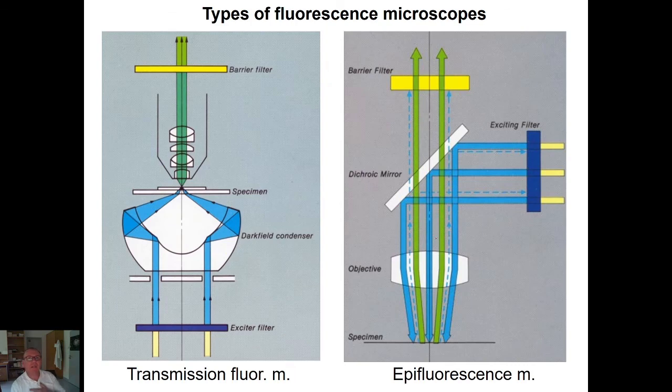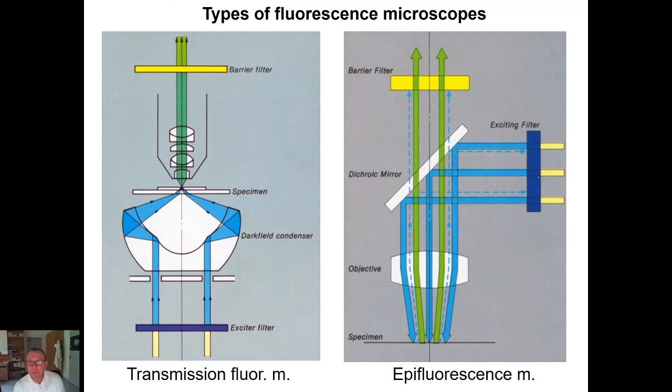There exist two types of fluorescence microscopes, transmission and epifluorescence. Much more used currently is the epifluorescent microscope, where the principle is in fact simpler, because we can use just one objective for illumination and observation together.